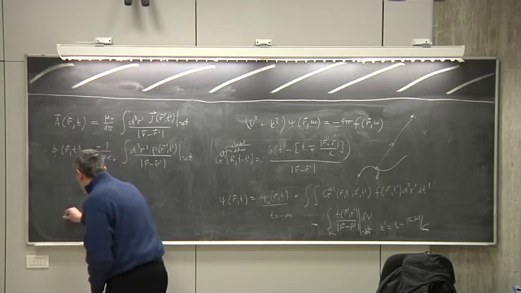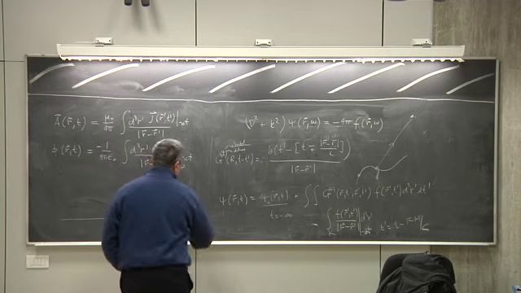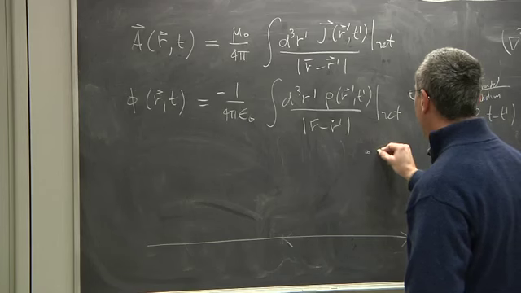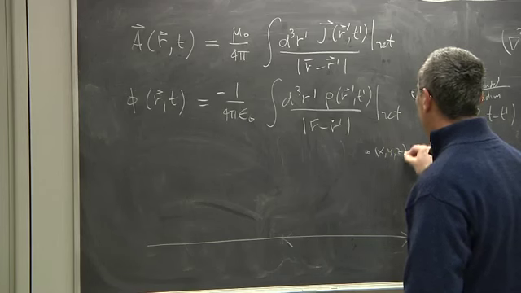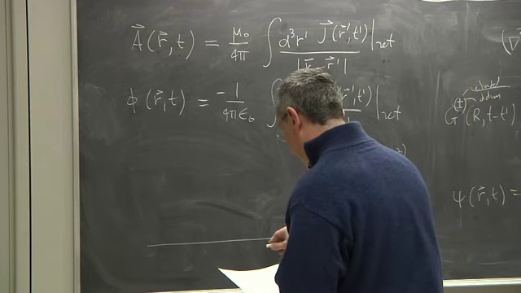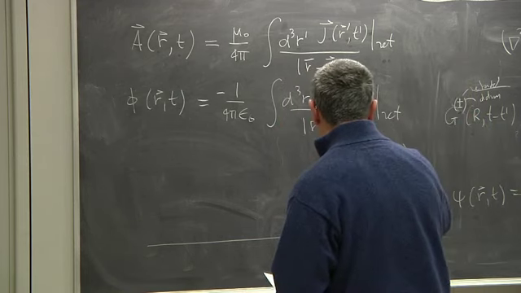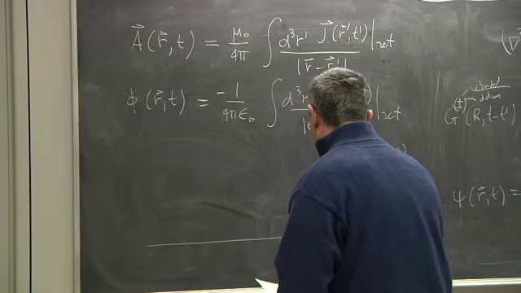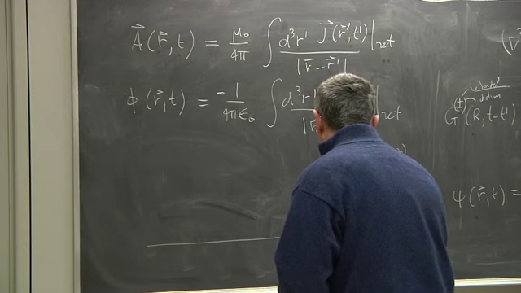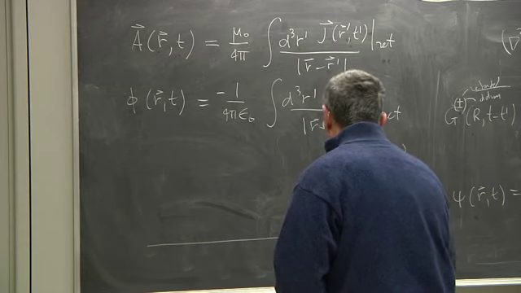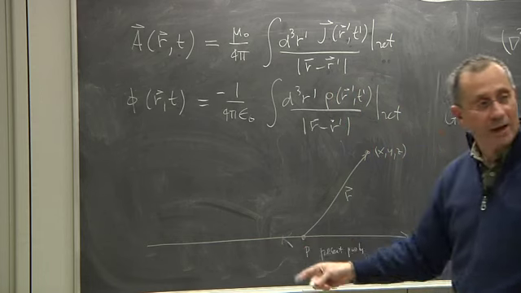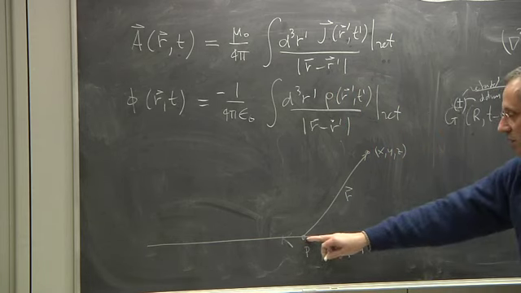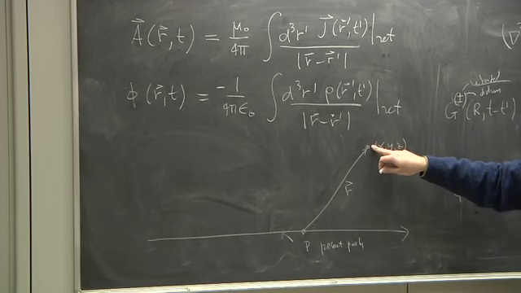So in general, if you are sitting here, X, Y, Z, this is the point R. So here at P you have the present position, say, of a charge, okay? So now it's time T, present position of a charge here, and this is R, and you are here.